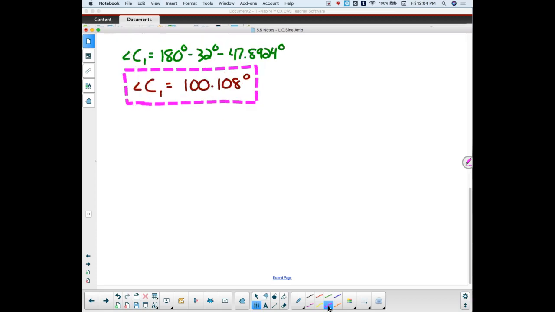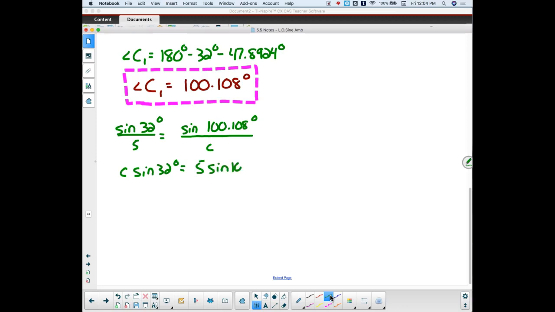Now, I can run law of sines. Sine of 32 degrees divided by 5 is equal to the sine of 100.108 degrees divided by side C. Side C times the sine of 32 degrees is equal to 5 times the sine of 100.108 degrees. So C here is going to be 5 times the sine of 100.108 degrees divided by the sine of 32 degrees.